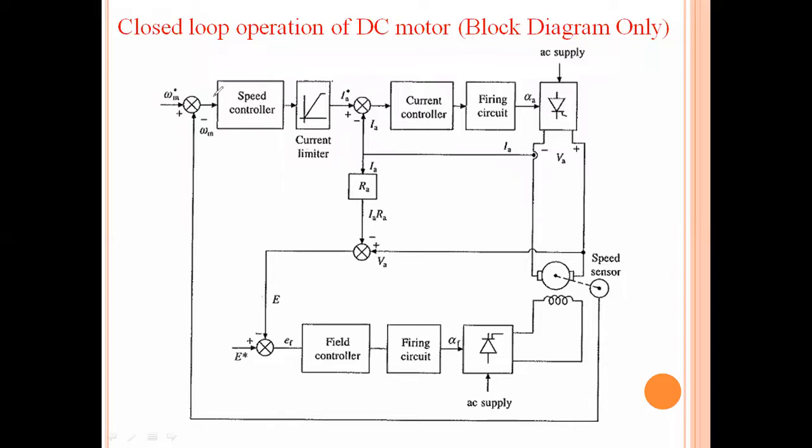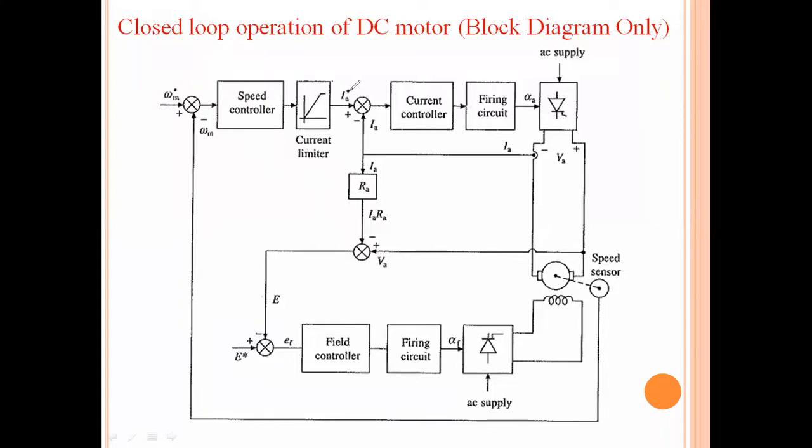So a PI controller or a speed controller will stabilize the error signal and feed it to the current limiter. This current limiter block will generate a particular reference signal, IA star. Star represents a reference signal.